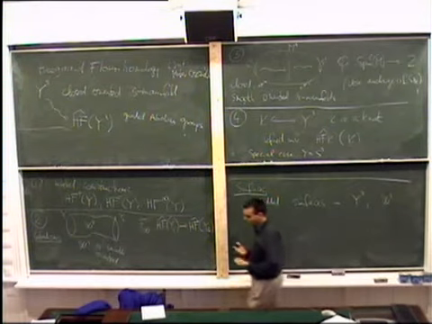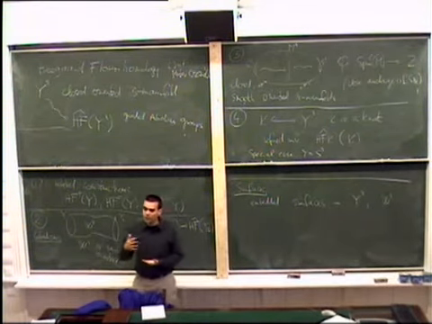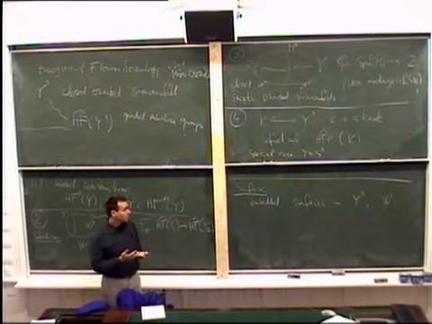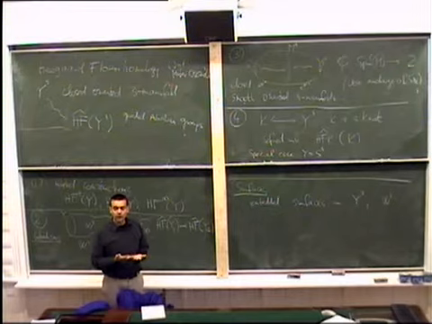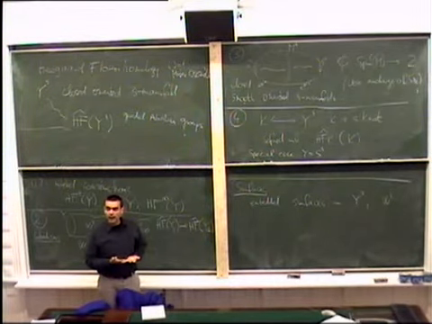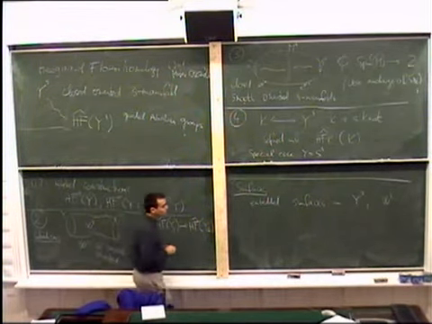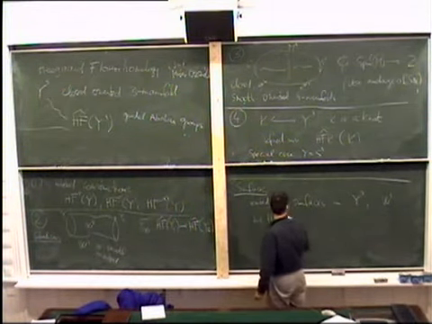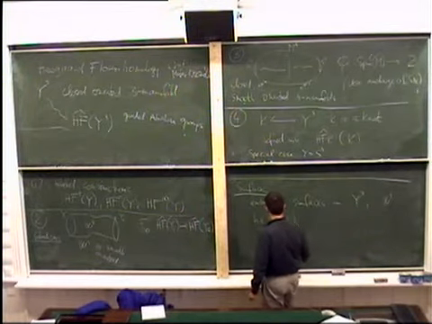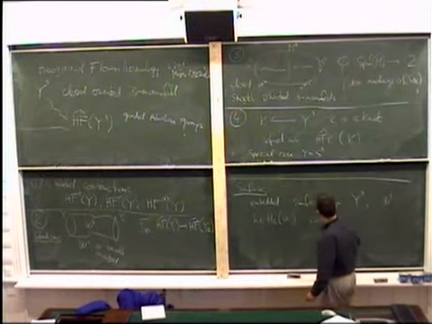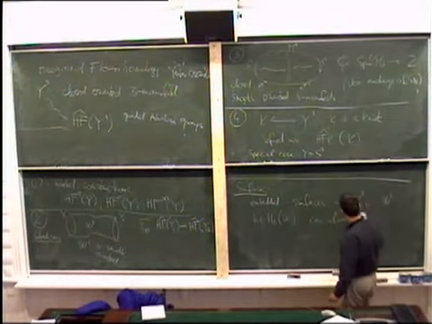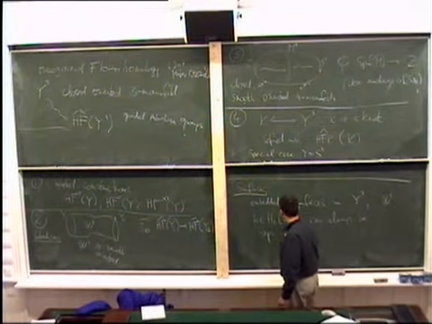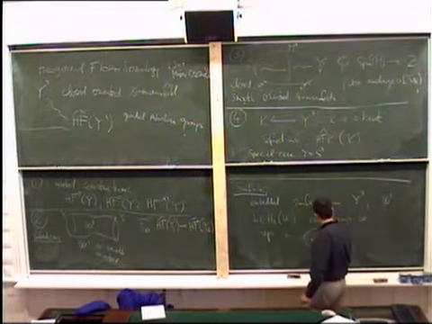The main idea is that if you fix a homology class in a three-manifold or in a four-manifold, then you can represent those homology classes by embedded surfaces.